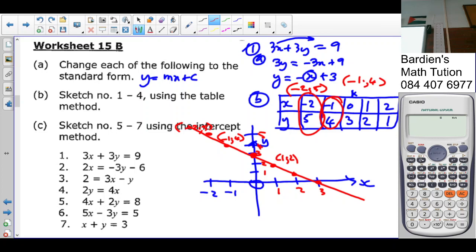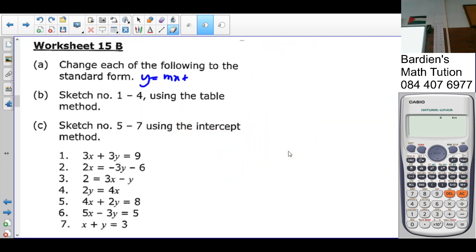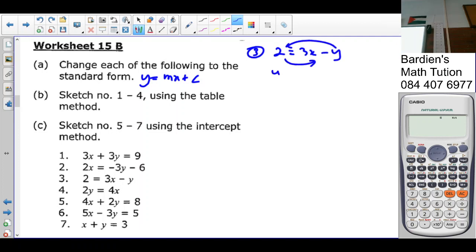Right, I'm going to do number 3 quickly, but I would need the space again. Number 3: 2 equals 3x minus 1. Make y the subject of the formula. So y is equal to 3x plus 2.